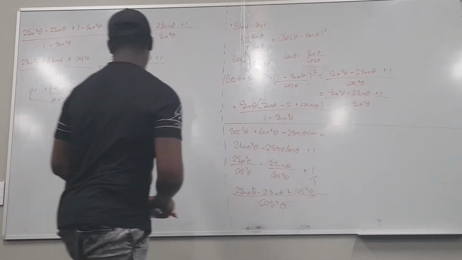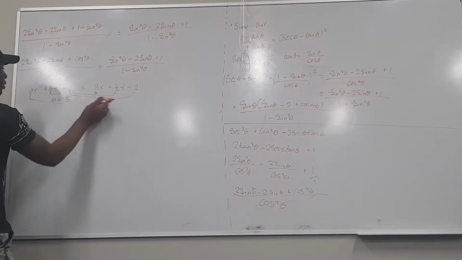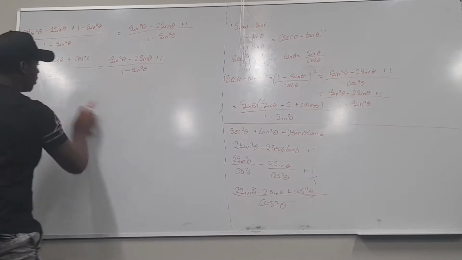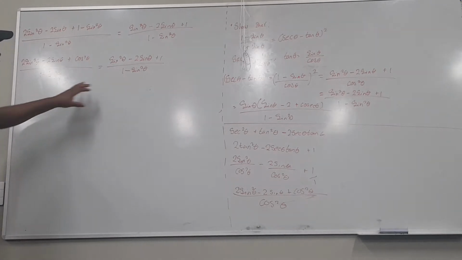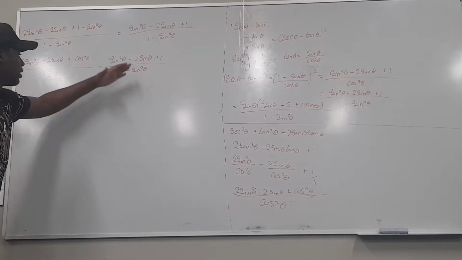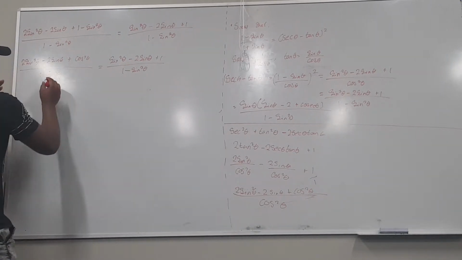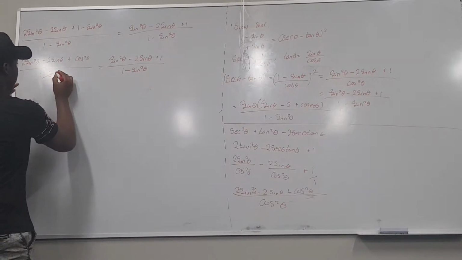And you can actually solve for it to see that it's true. So if you cross multiply this and this, you see that these cancel. This cancels this.